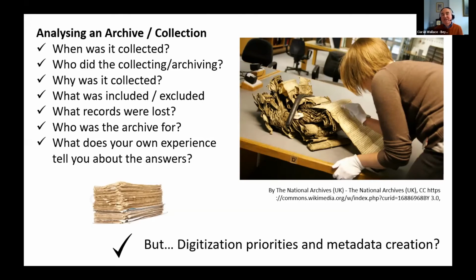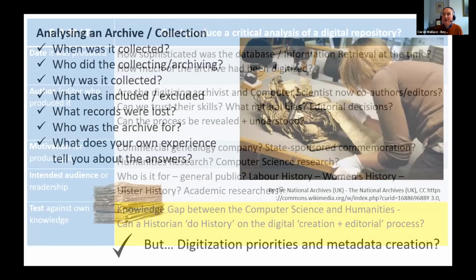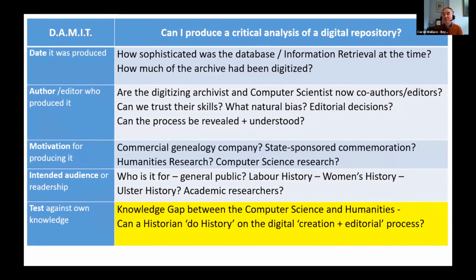But when you get to digitizing an archive, that's where the complications arise. There are digitization priorities. The speaker yesterday was talking about the expense and just the sheer work involved in digitizing and creating metadata. And this, echoing what the previous speaker was saying, produces a problem then for the historian. Can we use the DAMIT tool for analyzing a digital repository?